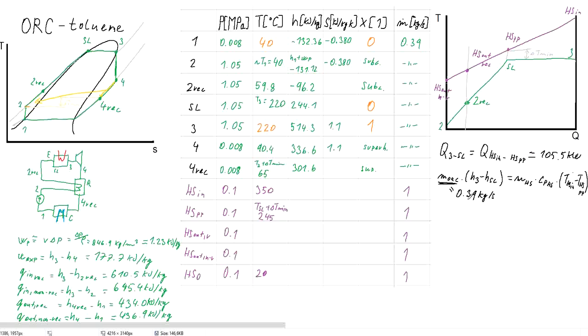So you can see it's at significantly higher values than it was for the water, and it's mainly because, as we have also seen in the diagram, the specific heat of evaporation of the organic fluids, basically in all of the cases, is significantly smaller than the heat of evaporation for water. So the mass flow rate of the ORC is larger, but we have lower enthalpy difference on the expander, so we will see what it will make.